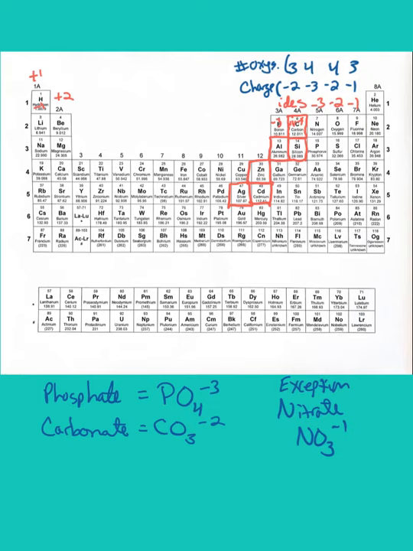However, we have a trick within a trick. So put a little X on the nitrogen to remind you that nitrate doesn't follow the trick. Nitride does, it's N-3, but nitrate doesn't. However, if you just move it over here to column 7, you can steal their trick, okay, because it is NO3 -1, okay?